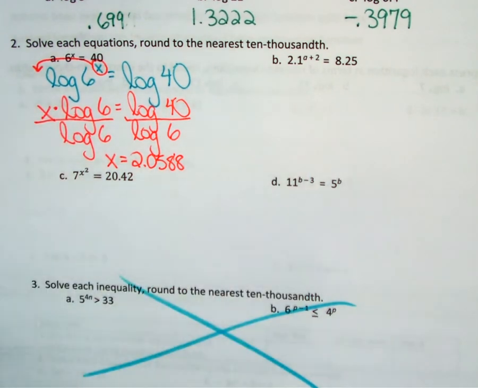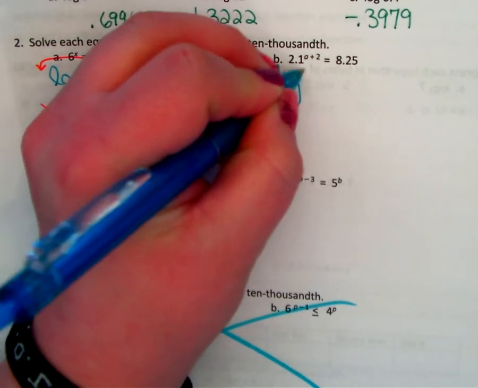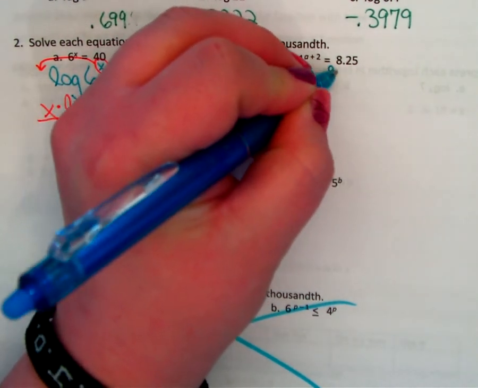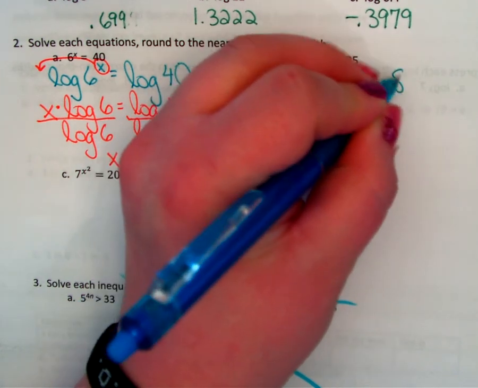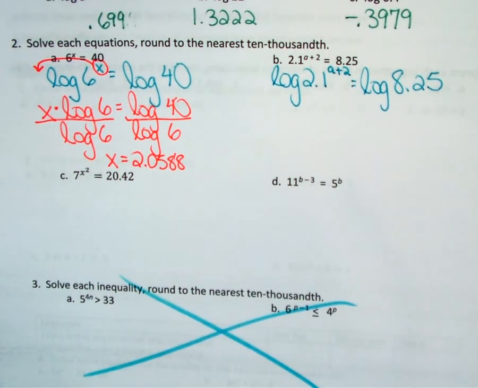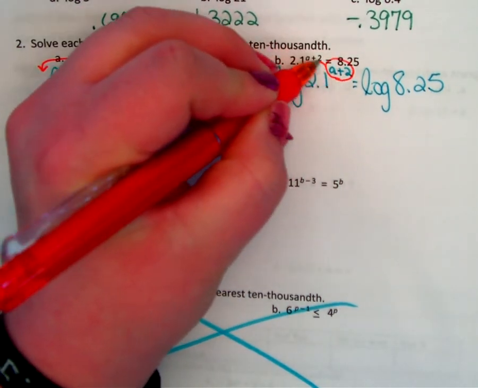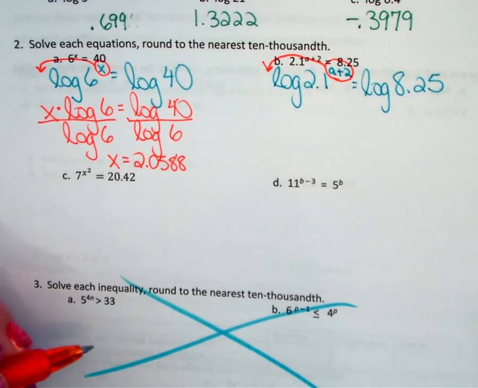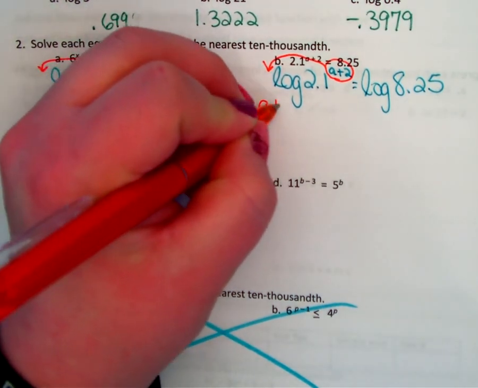I can't find a common base for any of these problems. So my first step is going to be to take the log of both sides. So I have log of 2.1 to the a plus 2 equals log of 8.25. That a plus 2 can become the number in front, the coefficient of the log, because of the power property.